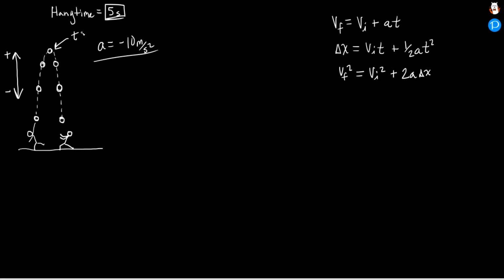So this time right here at the very top of that trajectory is going to be half. So we're going to cut that in half. At that moment right there, that's happening at 2.5 seconds, or in other words, half of the total time that it takes.